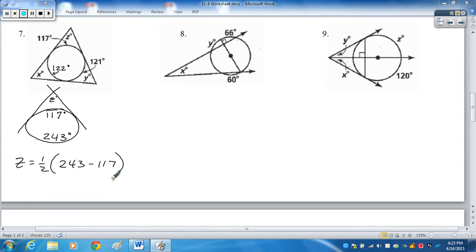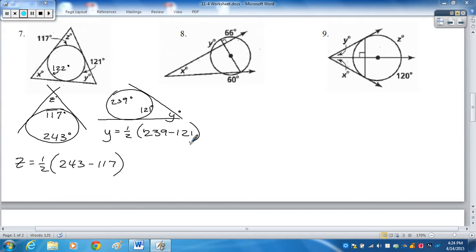Now, for y degrees, if I draw another circle, y degrees will look something like this. I know this arc is 121. I know that the other two arcs added together would equal 239. And so y degrees will equal 1/2 of 239 minus 121. To find x, you could subtract y and z from 180 because it is a triangle.